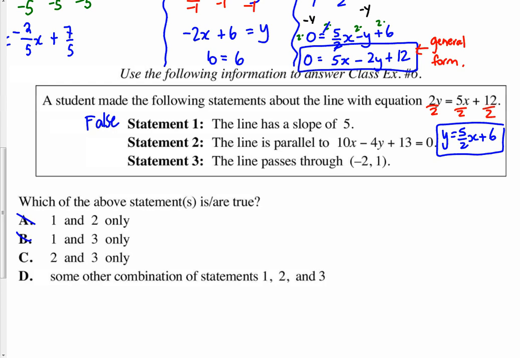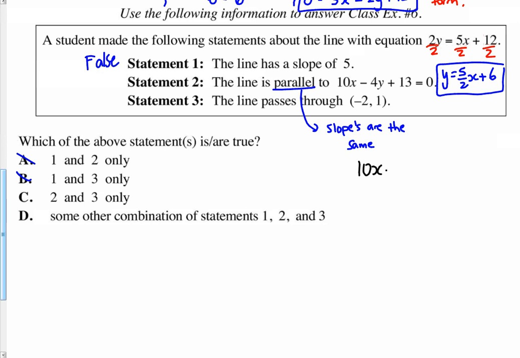Okay, let's try 2. The line is parallel to another line. How do I know if they're parallel? The slopes will be the same. Can I look at this equation and see what the slope is? No. What do you have to do to it to make it so you can compare the slopes? Y equals mx plus b. Very repetitive, hey? Okay, what do I do next?